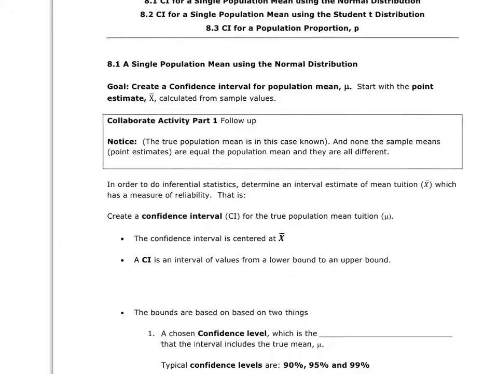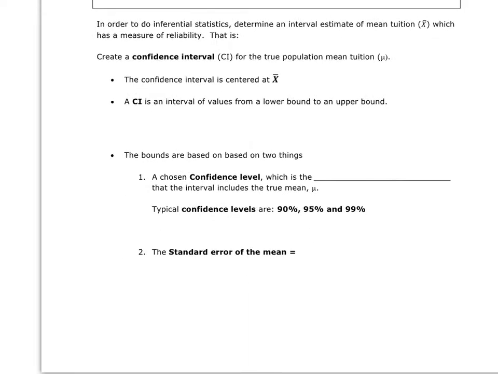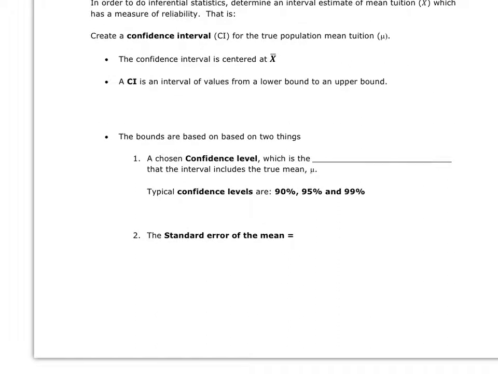So to do that, we create a confidence interval, and it is going to be centered at x bar, the sample mean. And when we say interval, what we want to think of is an interval of values going from some lower bound value up to an upper bound value.